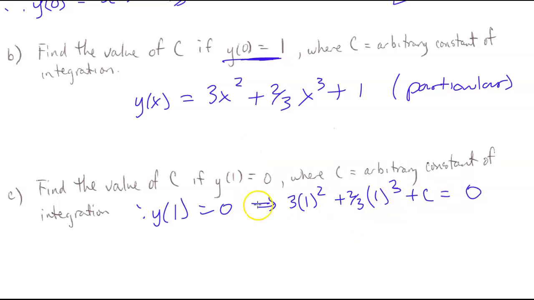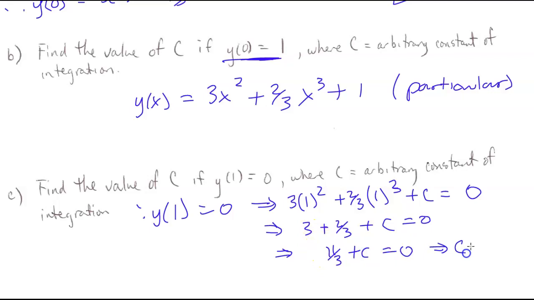And so now we just need to solve for c. First term would just be 3. Next term would just be 2/3. And that would be plus c equals 0. And of course, it's just simple arithmetic at this point. So 3 plus 2/3 will just end up being 11/3 plus c is equal to 0, which means c is minus 11/3.